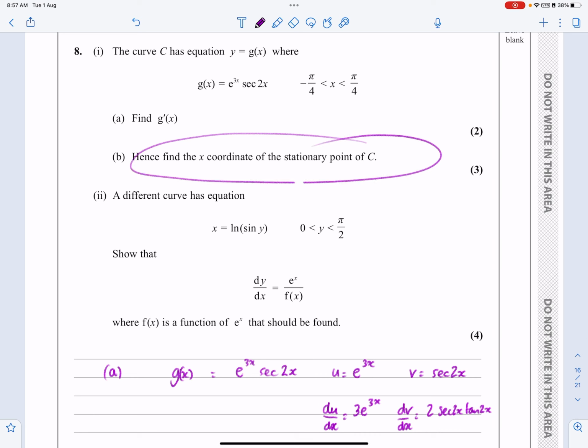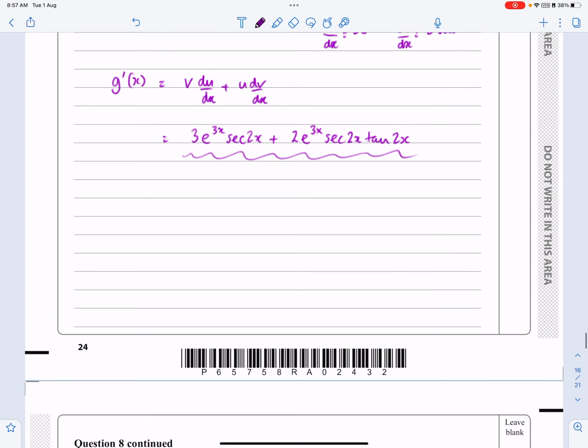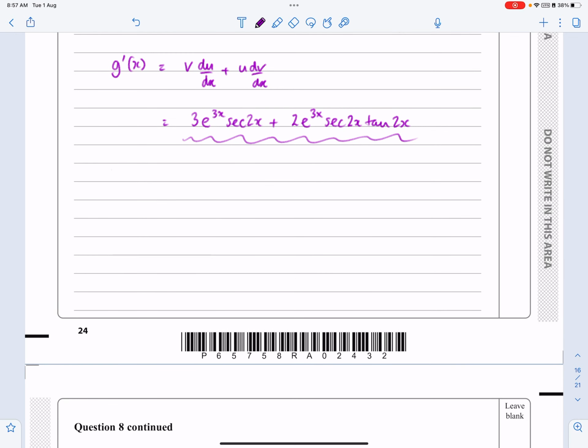So the second part of the question says, right, can we find the x coordinate of the stationary point? Well, hopefully you can remember that stationary points occur, tell the examiner, for a stationary point, we just want the differential equals 0, don't we? So for the stationary point, g dash x will equal 0.